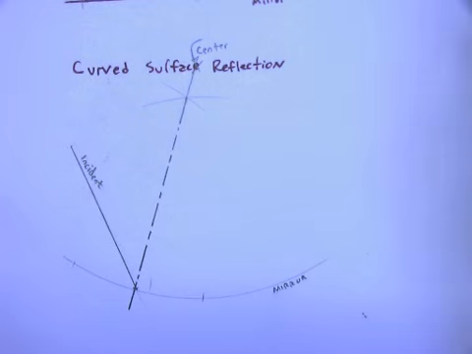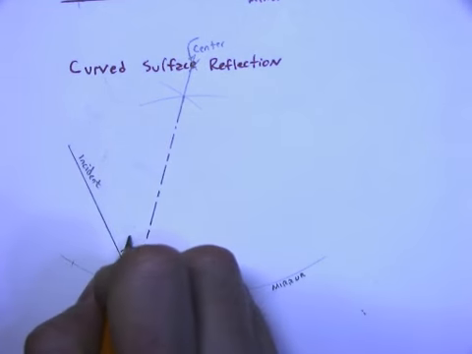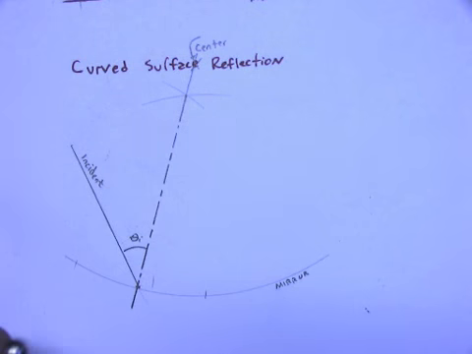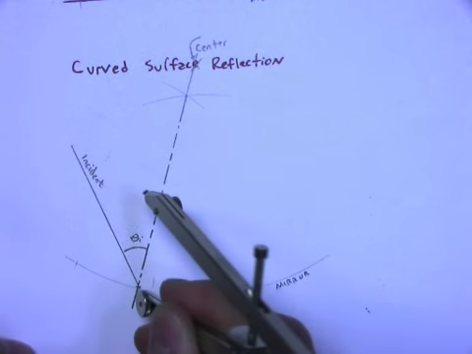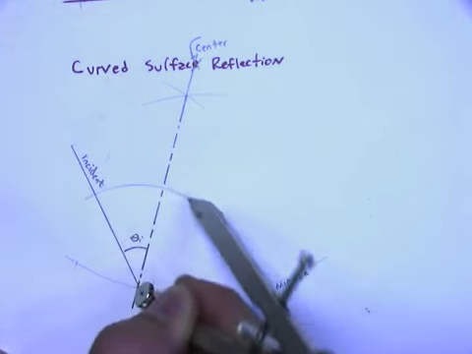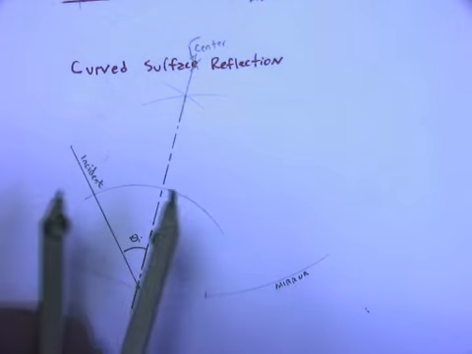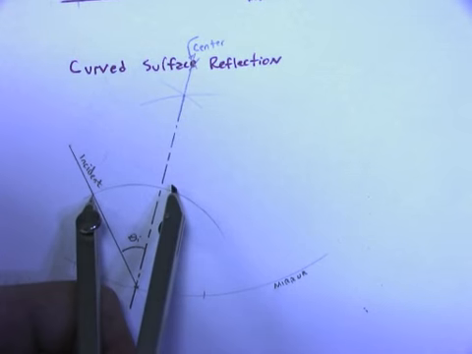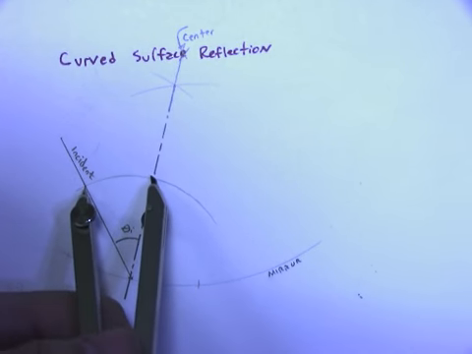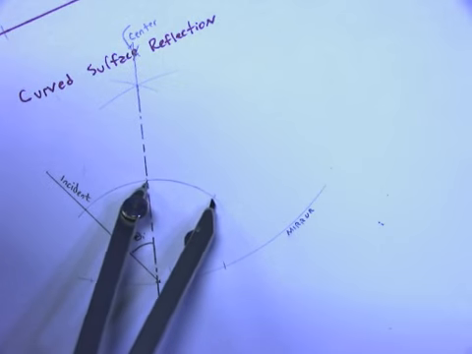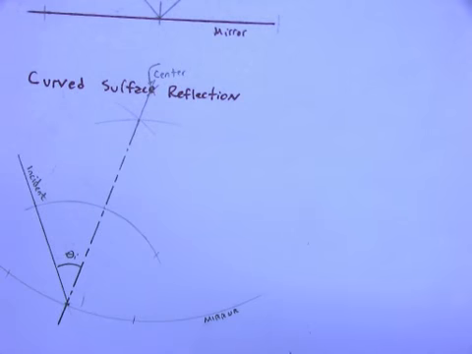So now I just have to copy my angle again. So again, here's the angle of incidence. Now to copy that, I strike myself an arc. I'll measure this distance right there.